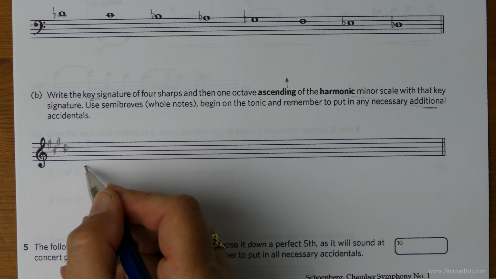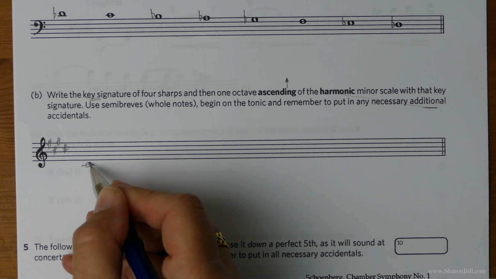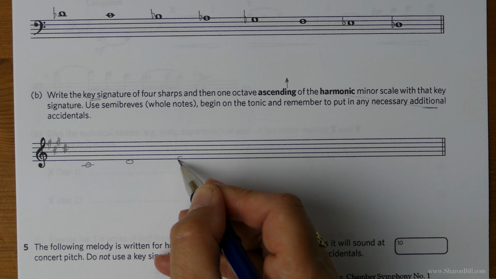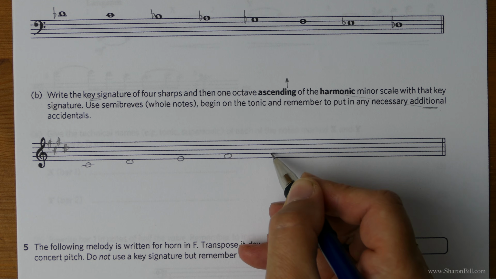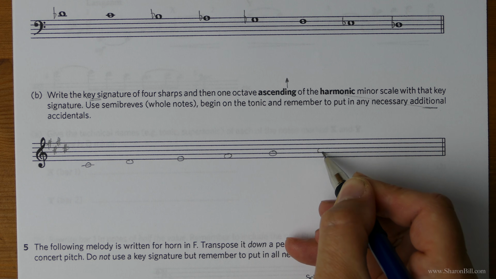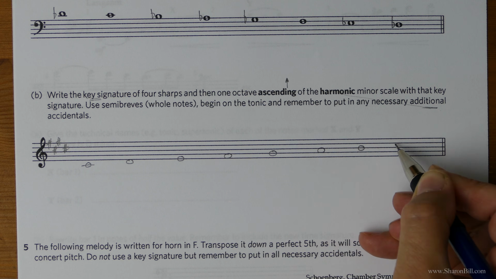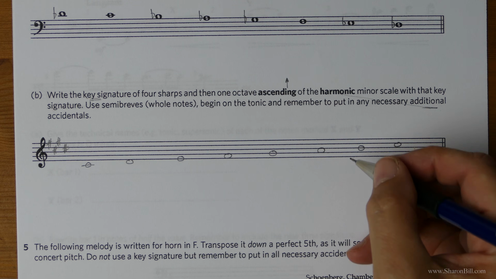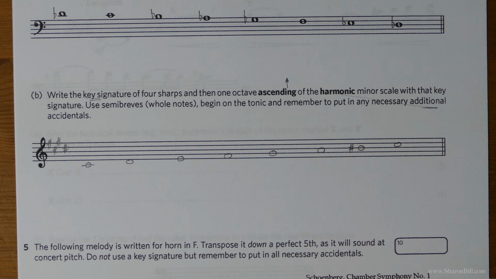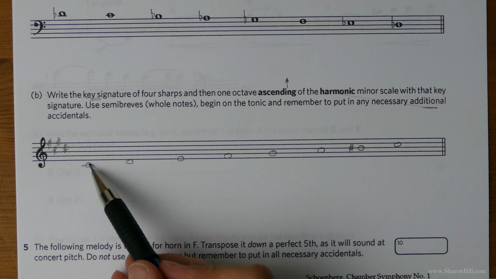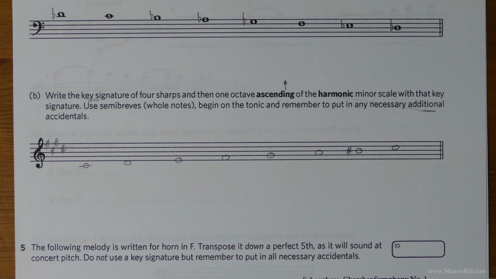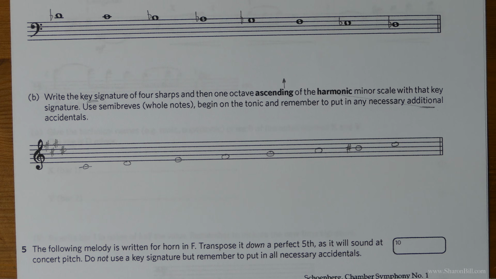So we're beginning on C sharp, we're ascending, so we're going upwards, so we step up the scale and then the harmonic minor has also an additional B sharp. So that's our raised 7th. 1, 2, 3, 4, 5, 6, 7. There we go. Let's move on to question 5.